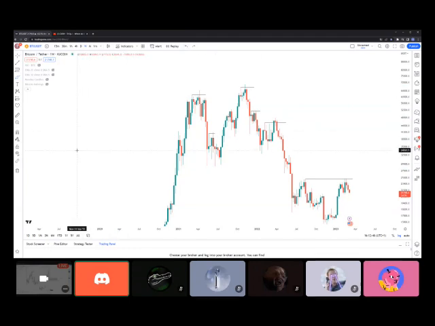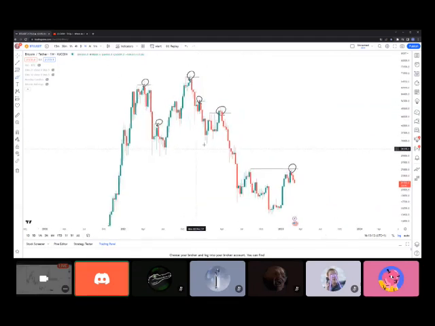It's usually something like this, and then down. And during that consolidation period, we create a high, and eventually we take that liquidity and then start pushing down. So that's exactly what happened here. That's what happened here, here, here, and now again over here as well.